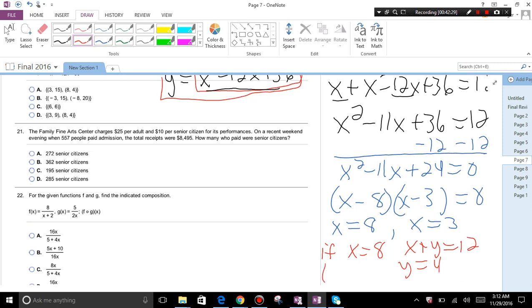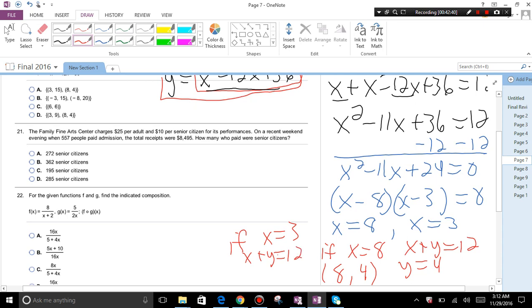So one point is (8, 4). Similarly, when x is 3, then x plus y equals 12 means that y has to be 9. So the other point is (3, 9). D.